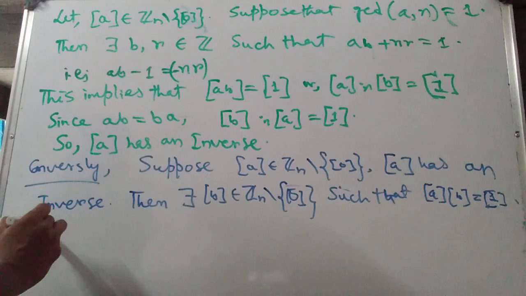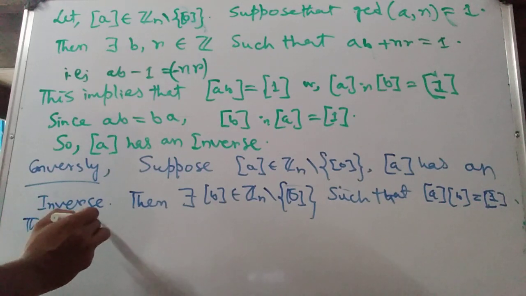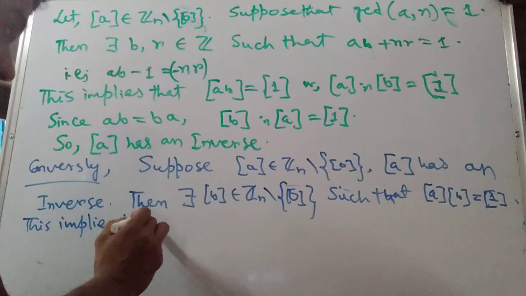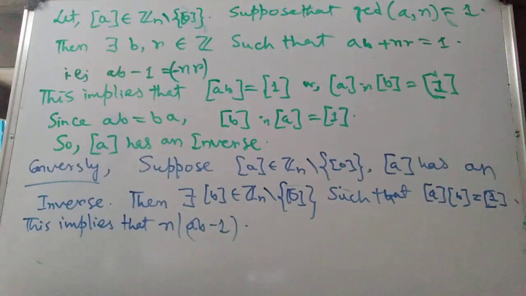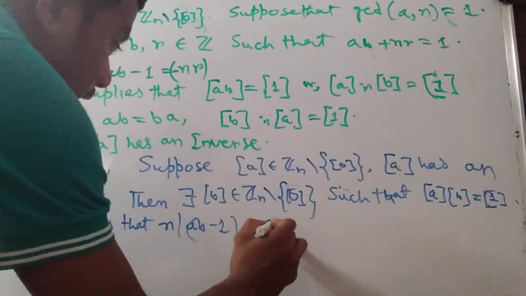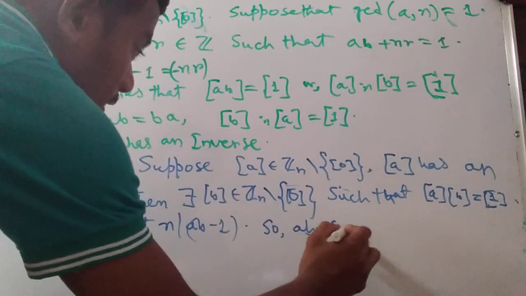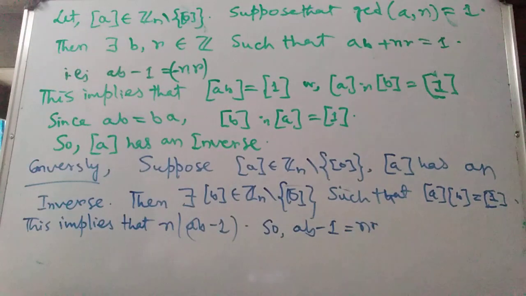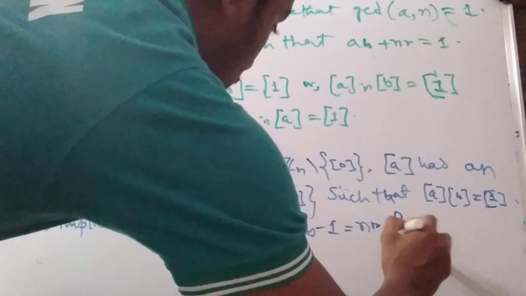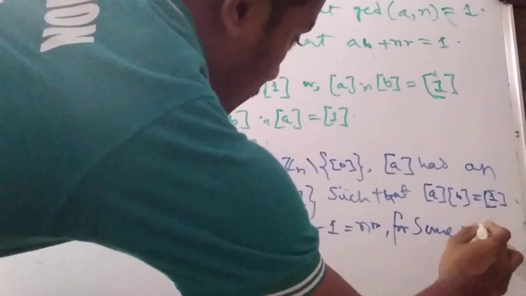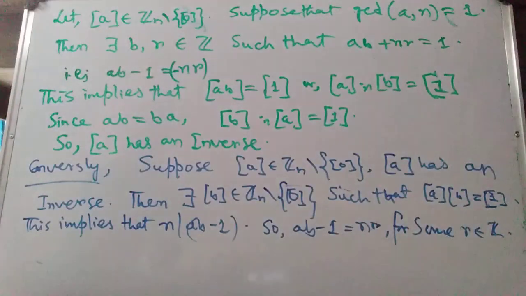This implies that n divides ab minus 1. So ab difference 1 equal to nr for some r belongs to Z. Not a problem at all.